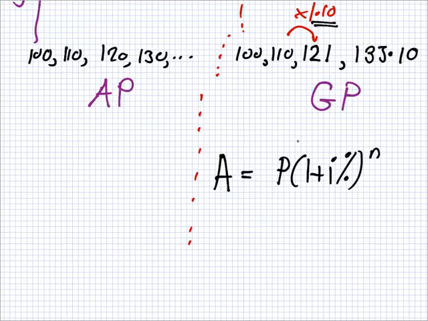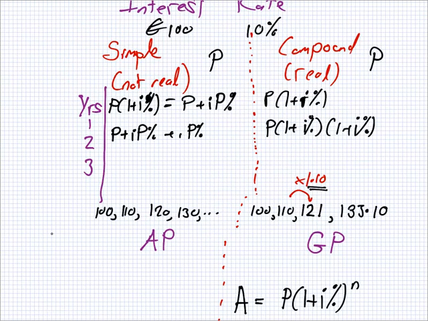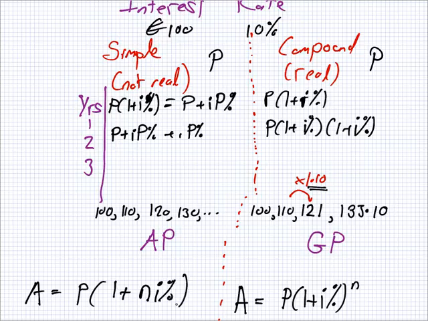And for simple, what would it be here? A equals P multiplied by 1 plus n times I percent. So the difference in the two situations is where the n is located in the formula.